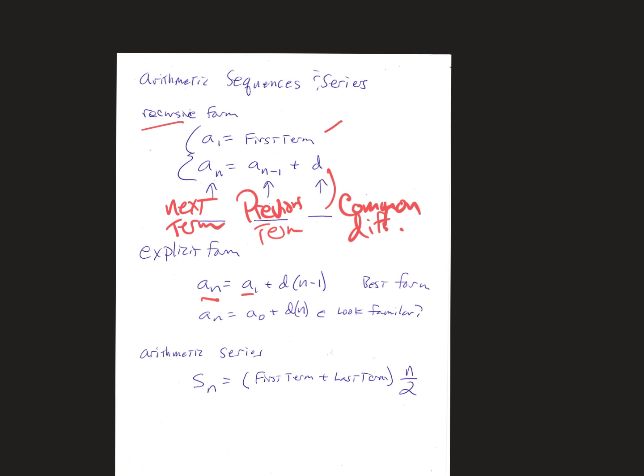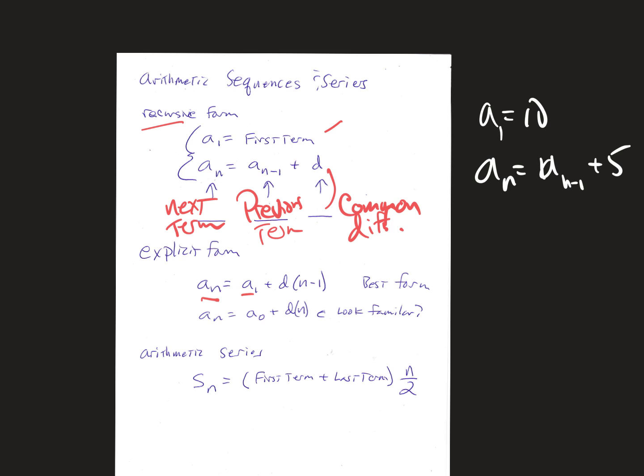Let's actually do one. Suppose the first term is 10, and then they want me to add 5 each time. So I take the last term, a sub n minus 1, plus 5.